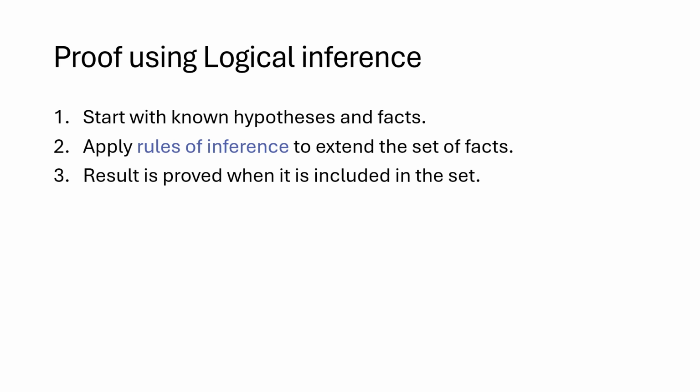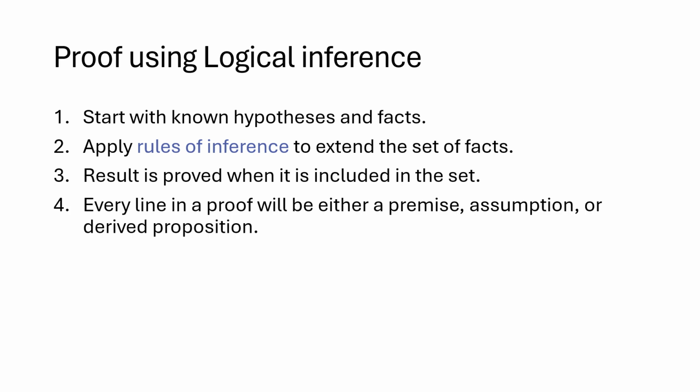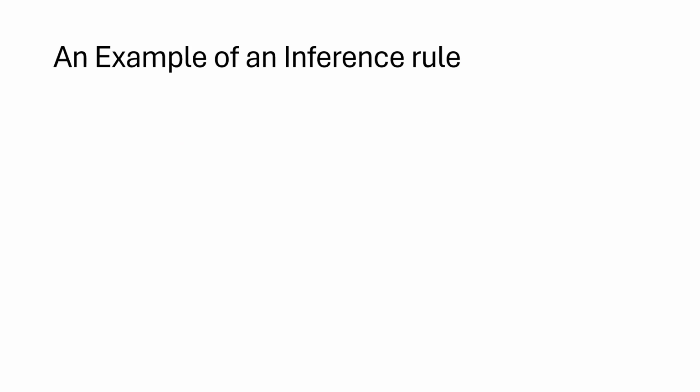So if we are able to extend this set of known facts until it also includes the conclusion, then we say that the derivation is complete. Now, the way that it works is that every line in this set, which we start with just hypotheses and then add a new line every time, is either a hypothesis, a premise, something that we assume to be true, or something that is derived from previously known propositions. Okay?